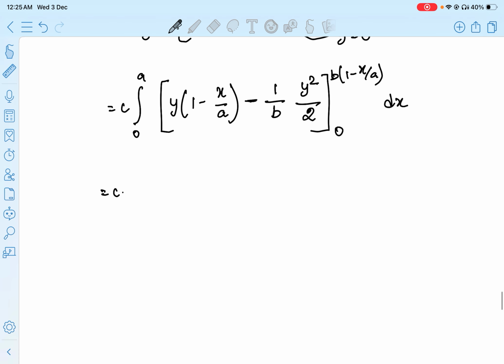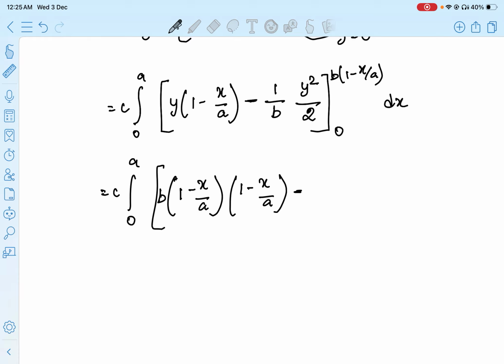C integral 0 to a. And what is y? The y value is b into 1 minus x by a, and into this b into 1 minus x by a minus 1 by 2b, and y square, no?